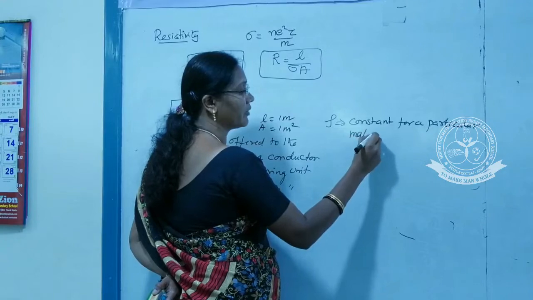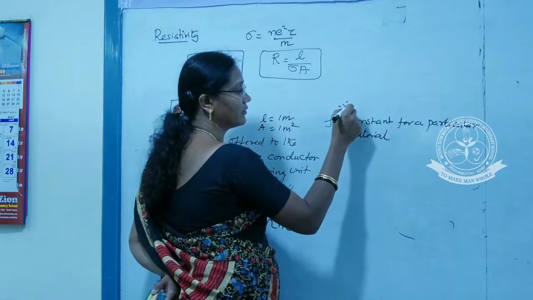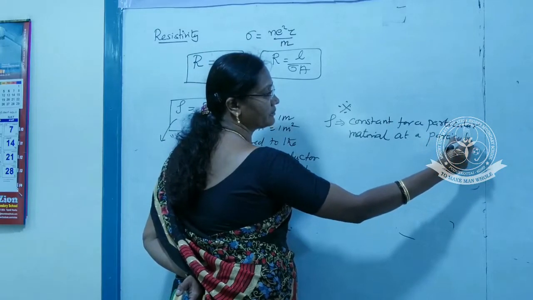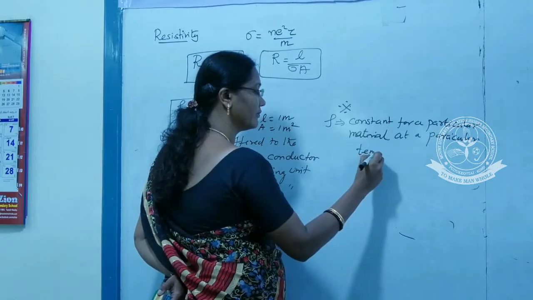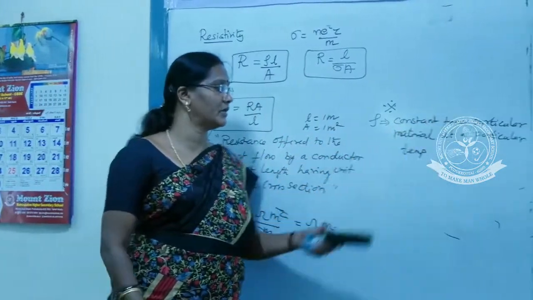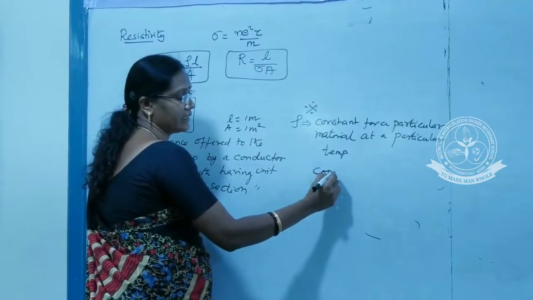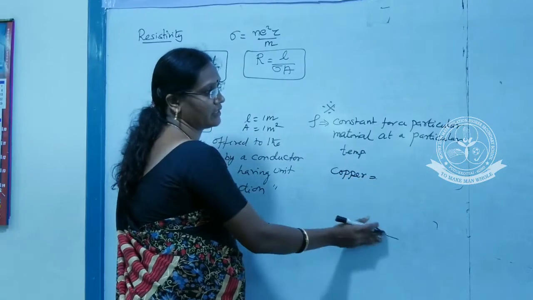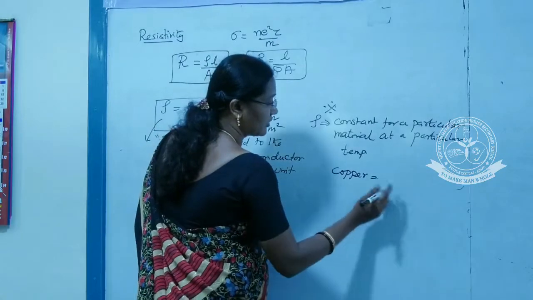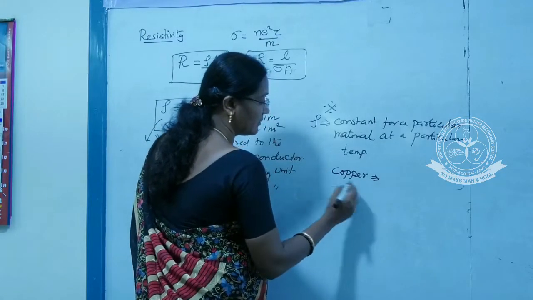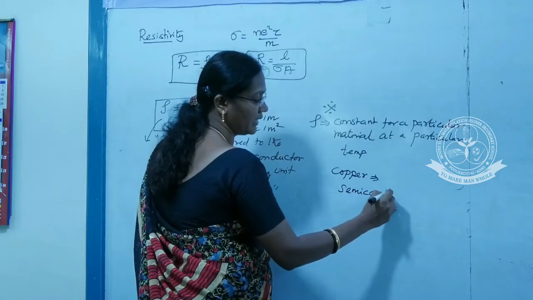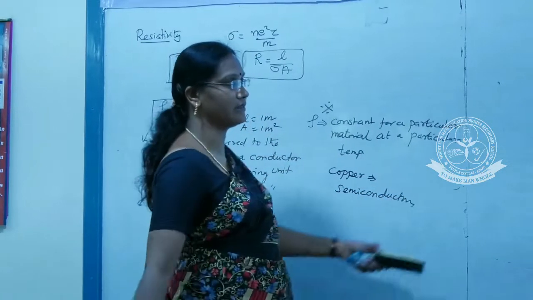This is very, very important. Say for example, if you take copper, which is a conductor, it has a certain resistivity. Similarly, metals, semiconductors, all materials have different resistivity.